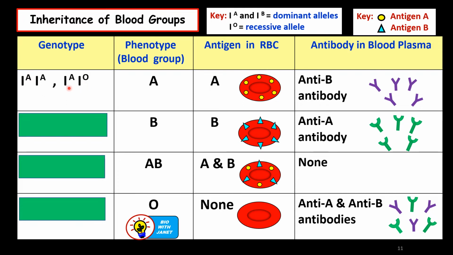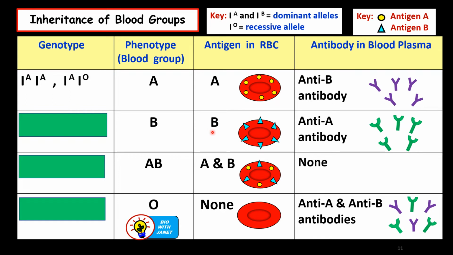So if he has the allele IA, he's able to produce the antigen A. And because allele IO is a recessive allele, it will not express its trait at all. Only the dominant allele IA will express its trait. So there will be formation of antigen A in the red blood cells, and his blood group will be classified as blood group A.